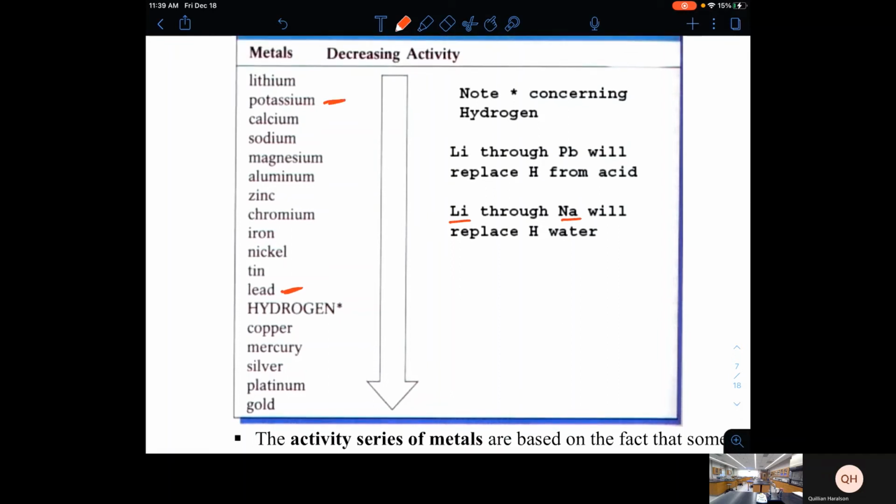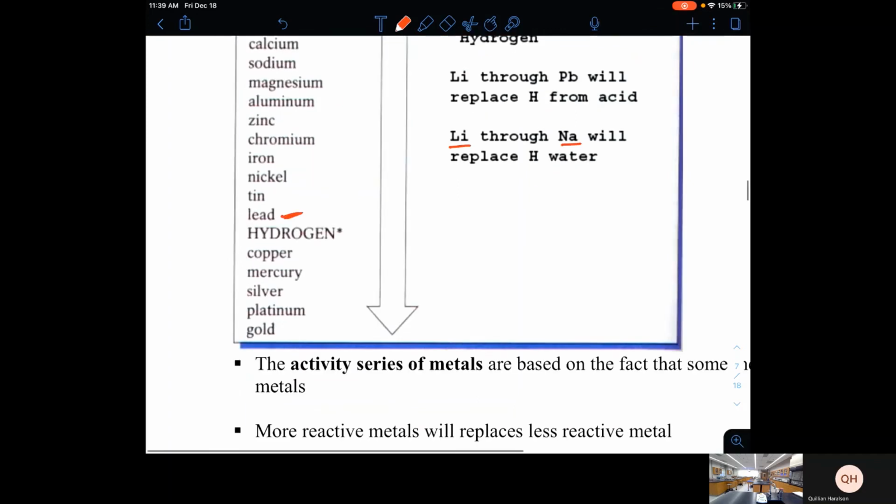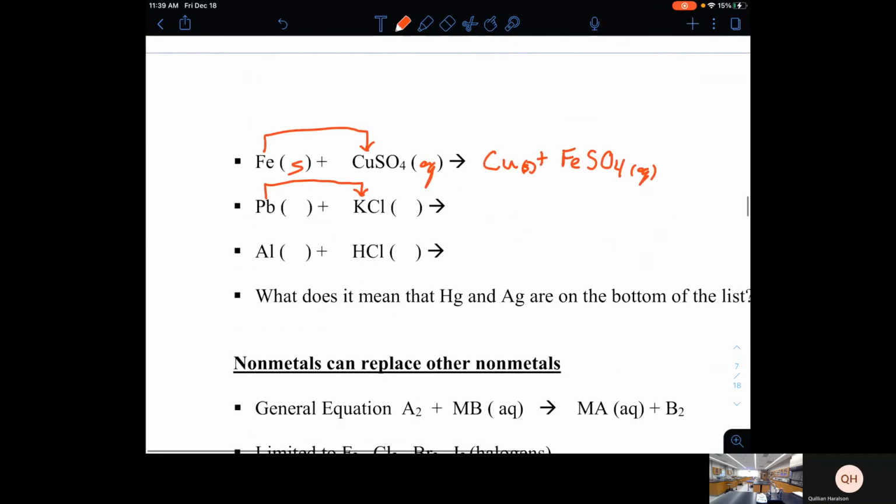So lead is trying to bump off potassium, but unfortunately, lead is underneath it, so it's not strong enough to bump the potassium off. So I'm going to write down right here, no RXN. If I was to take this solid piece of lead and put it in potassium chloride, absolutely nothing is going to take place. So no reaction is going to take place here.